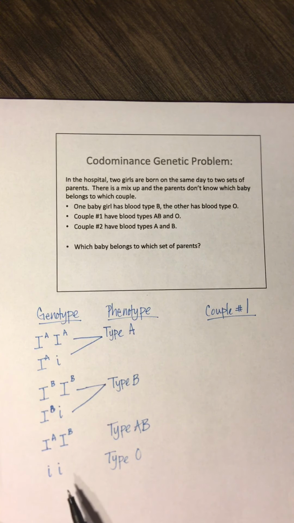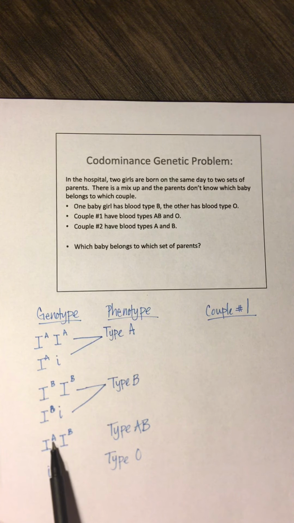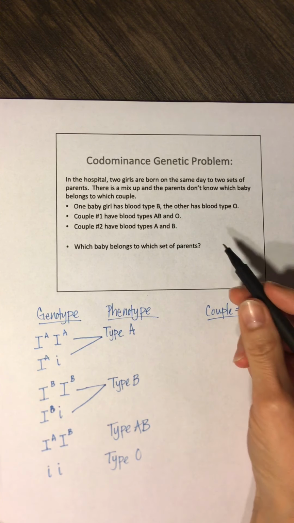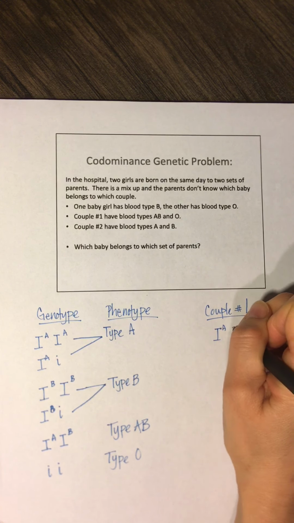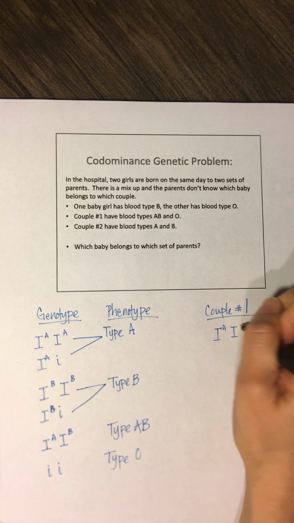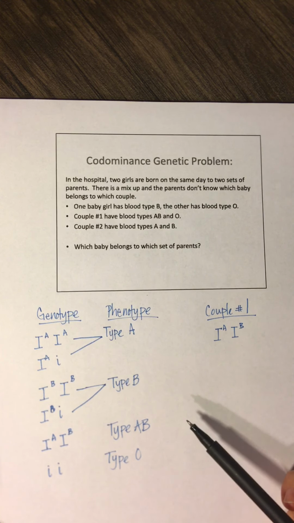So I can come down to my genotype phenotype list and I discover, well, the only way you can have blood type AB is if you have both the A and the B allele. So the couple number 1 genotype for the parent with AB blood is the genotype AB.